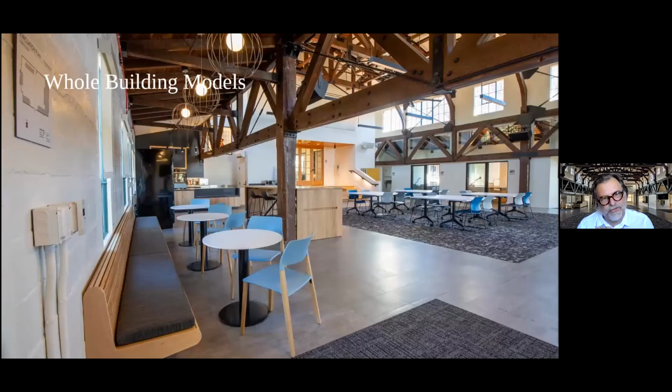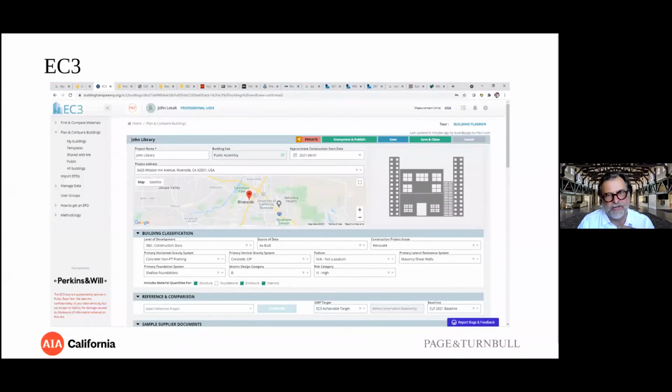And we're starting to see whole building models emerging as well. So I think there's different ways of looking at this. Again, EC3 has a whole building model. I've been playing around with the cheats to get a whole building effect.